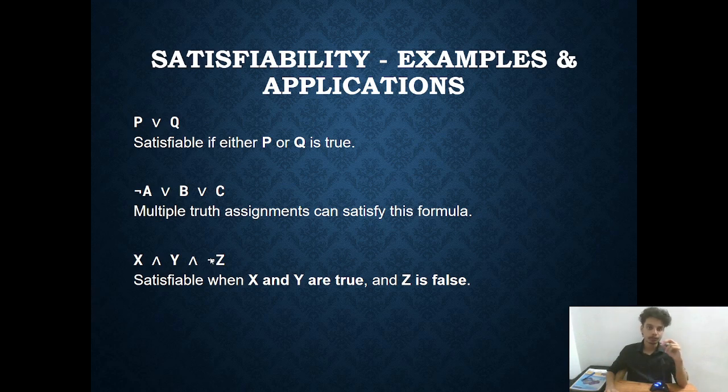Only then the statement becomes satisfiable. So if z is false, that means not of z is true, which makes the whole statement satisfiable. Let's see again. X is true, y is true, and z is false.